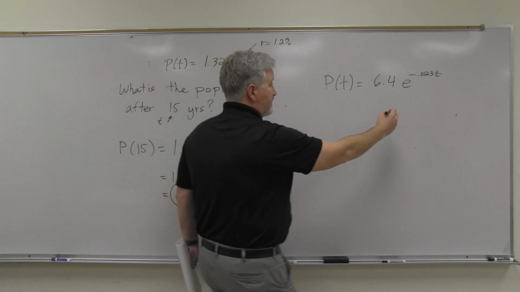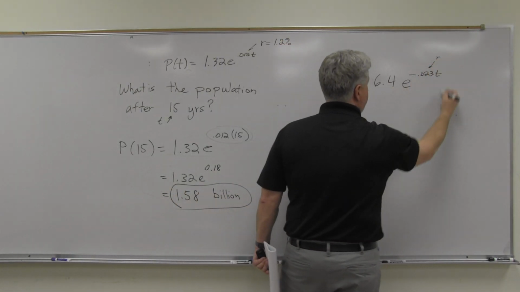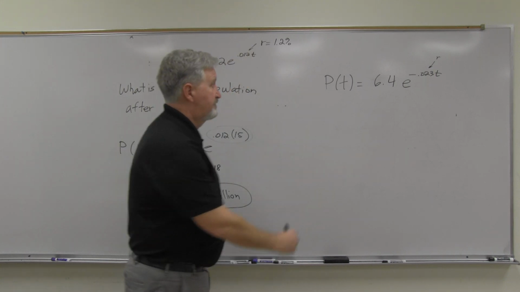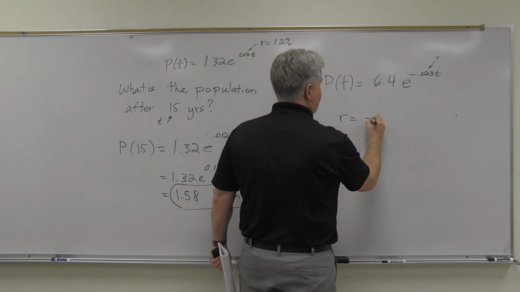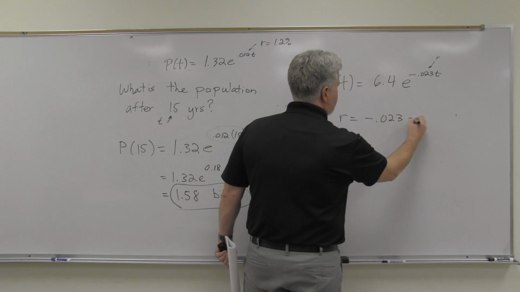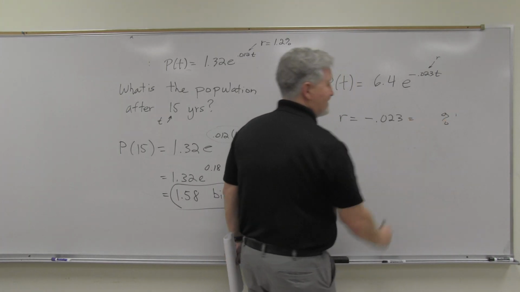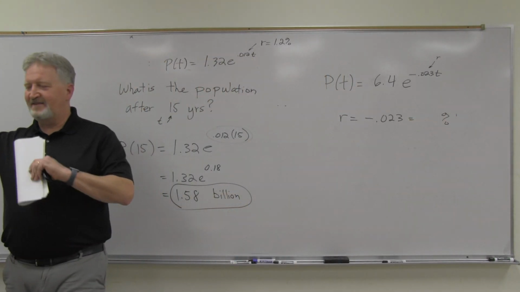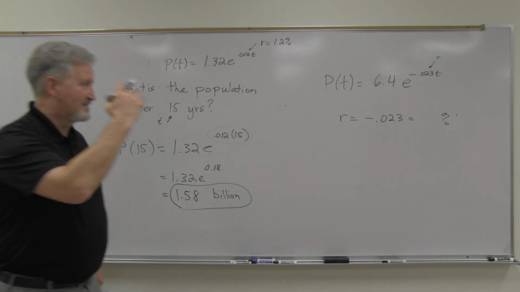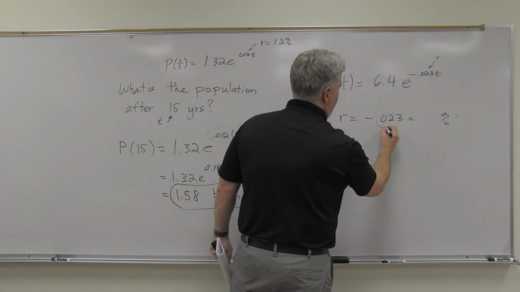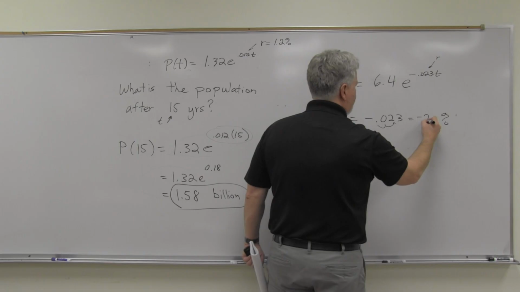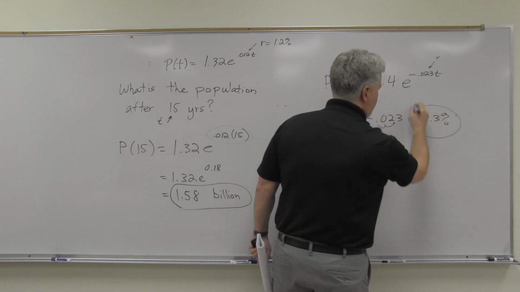What's R over here? This is R right here, right? R is negative 0.023, which in percent, what is that in percent? Well, we're putting the percent sign in, so move the decimal point to the right. That's negative 2.3% is my growth rate there.